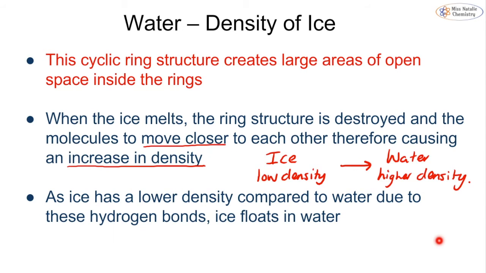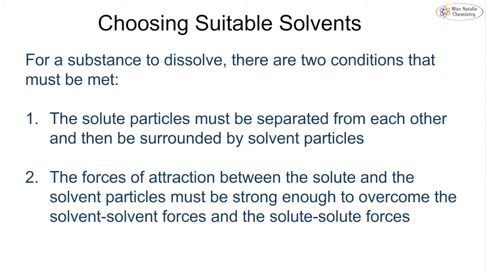So let's now pivot to the second part of this topic, which is looking at suitable solvents. So for a substance to dissolve, there are two conditions that have to be met. Your solute particles have to be separated and then surrounded by your solvent particles.